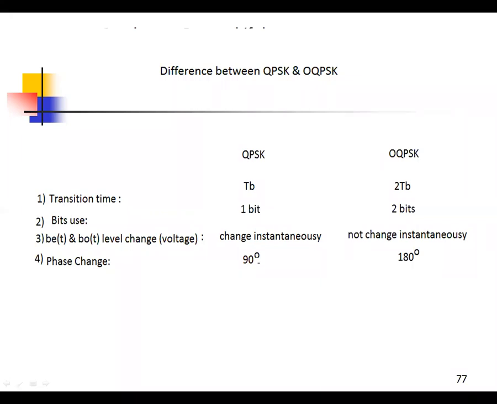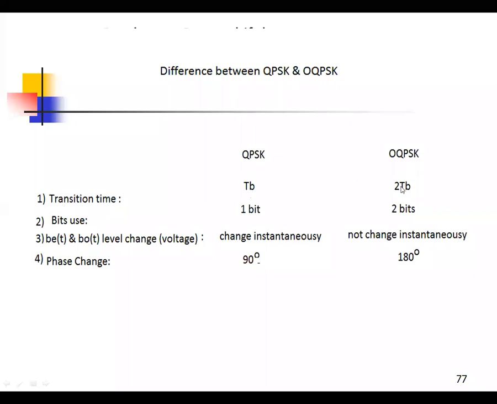Okay. Now, let us see the difference. The first difference is transition time. Transition time of non-offset QPSK is TB.